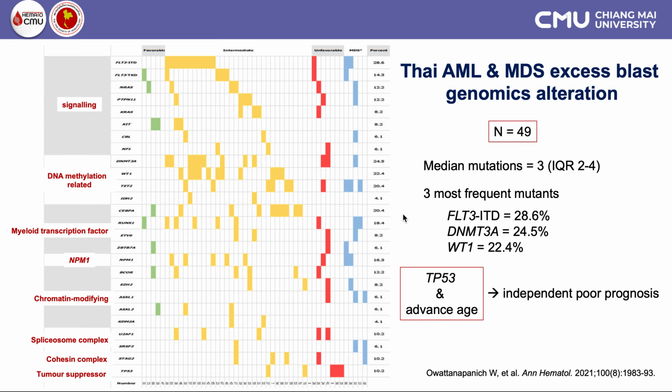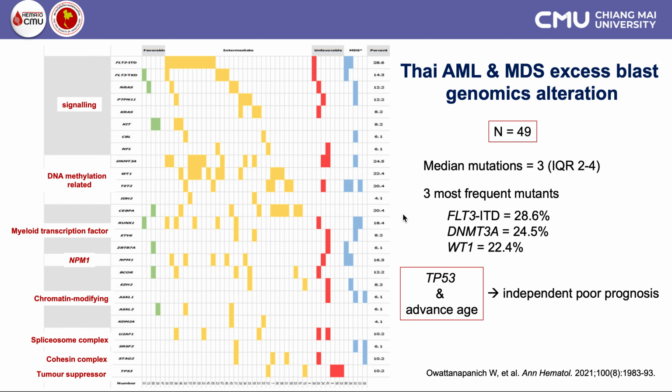Additionally, a study on the mutational burden of AML and MDS in Thailand revealed the 3 most common mutations to be FLT3-ITD, DNMT3A, and WT1, each detected in about 20% of patients. TP53 and advanced stage were also associated with poor prognosis.